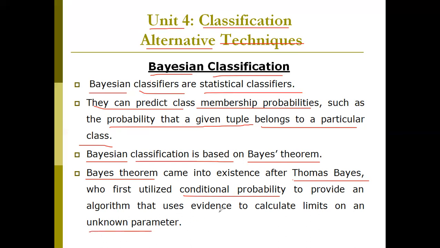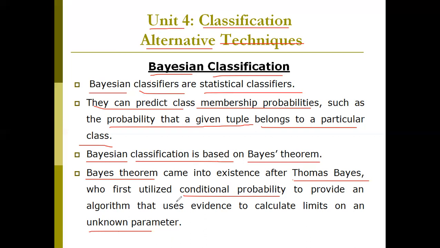Now, this particular Bayes theorem is one kind of conditional probability. It's a probability in the sense that, based on the data, what are the chances to get the class labels?